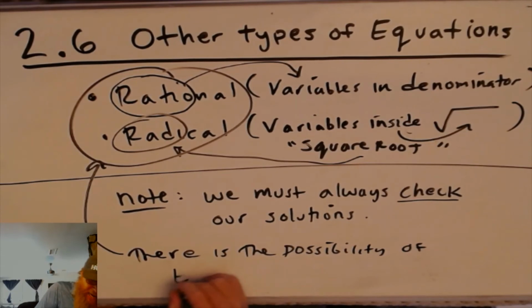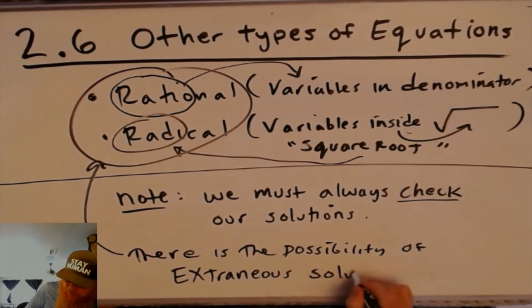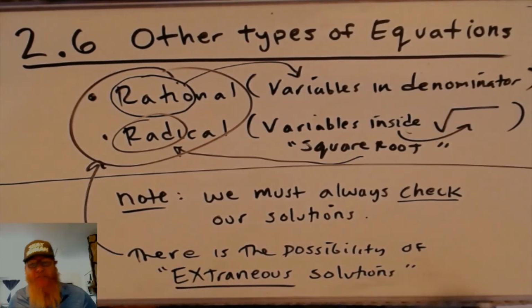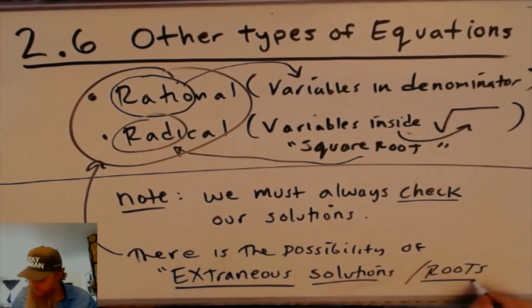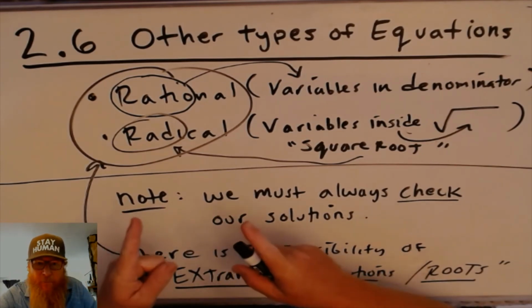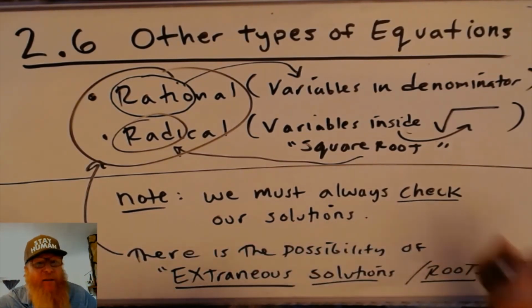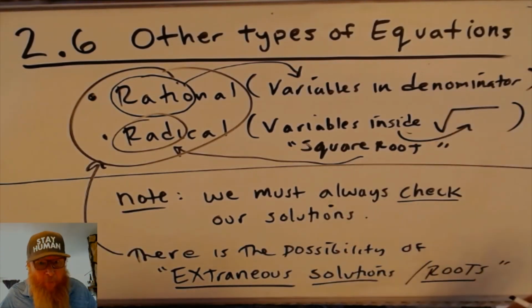However, in this section, with these two types of equations, there is the possibility of what are called extraneous solutions, or extraneous roots, they're sometimes called. Solutions and roots are synonymous with each other. Extraneous means that you didn't do anything wrong, right? You followed all the steps, you did the math correctly, you didn't make any mistakes, but still the answer is wrong.